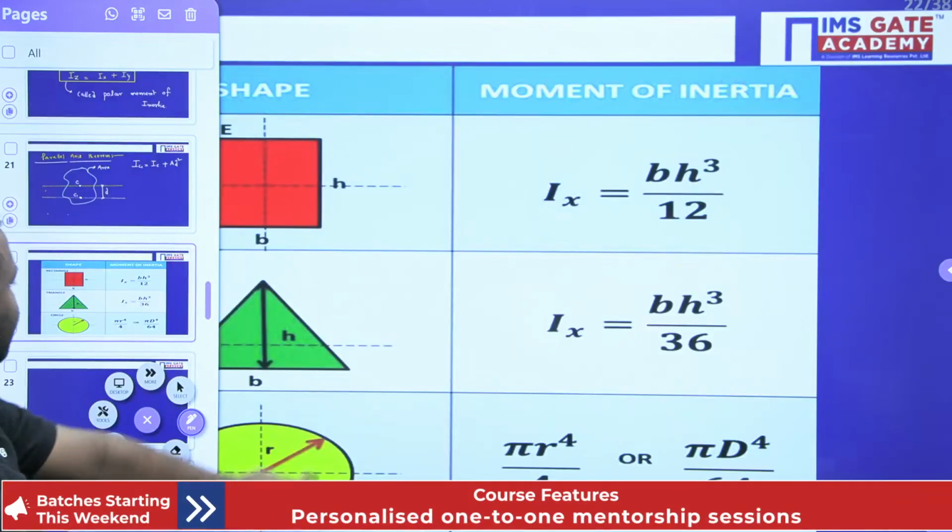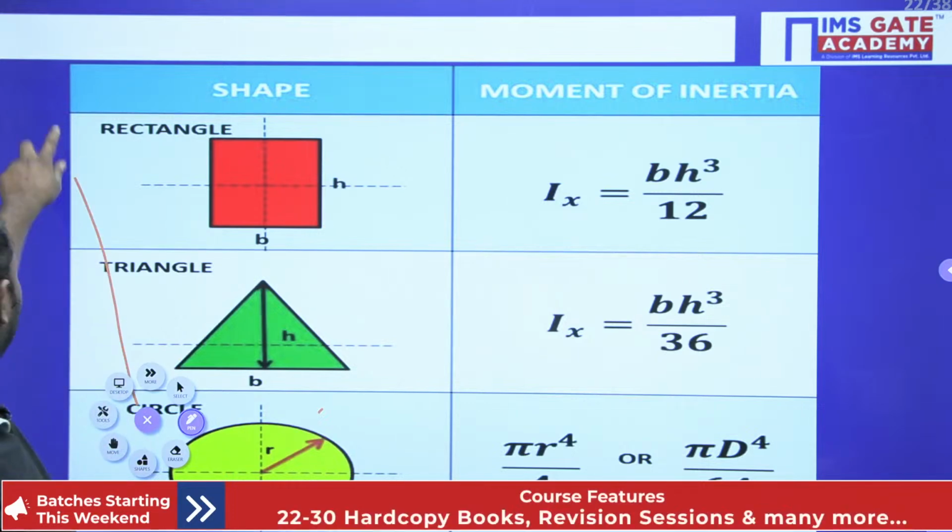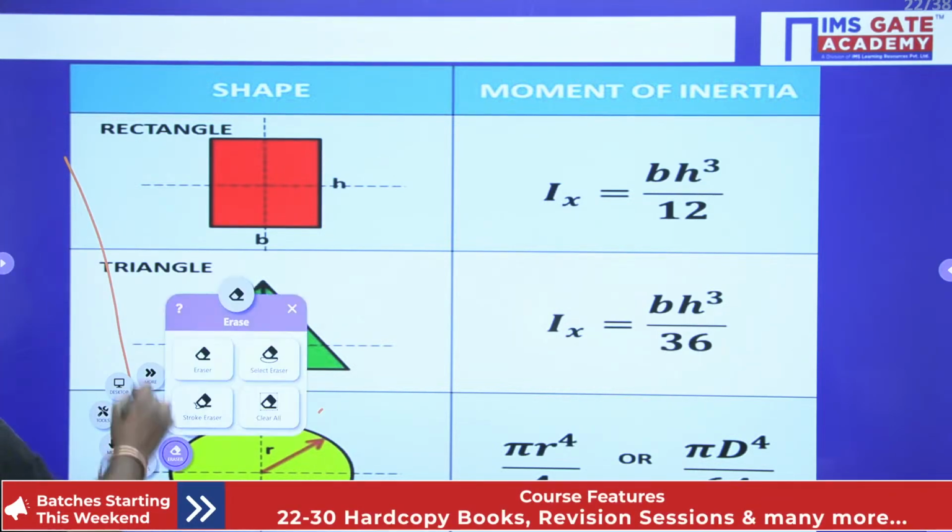Have a look at this. Now take this formula and we will use this for solving the problems.